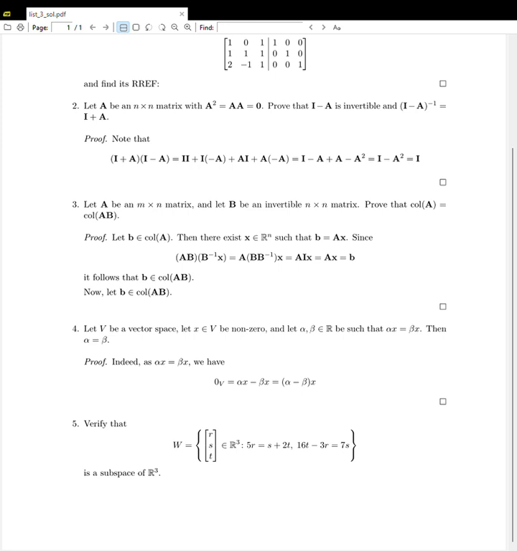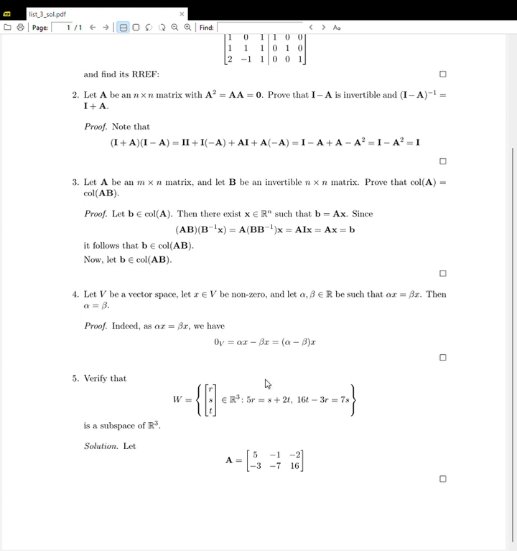I immediately messed it up, but don't worry, I fixed it because I looked at it and thought, wait a minute, that's not right. And we got it here. So my plan of attack is to demonstrate that my set W is, in fact, the null space of a particular matrix, this one right here. Note, two equations, three unknowns, so A is a 2x3.